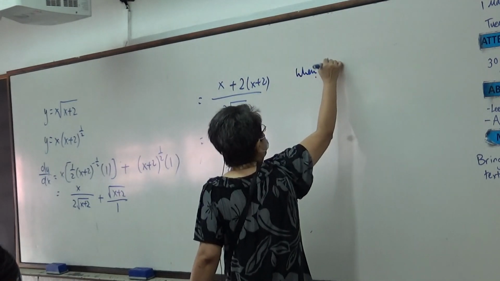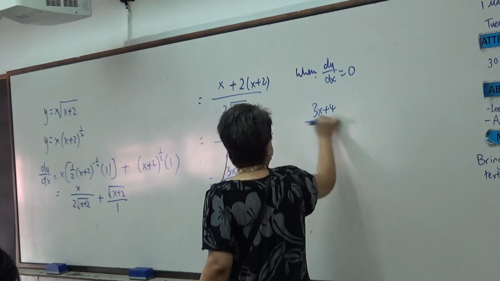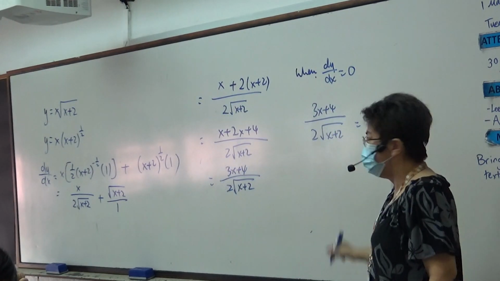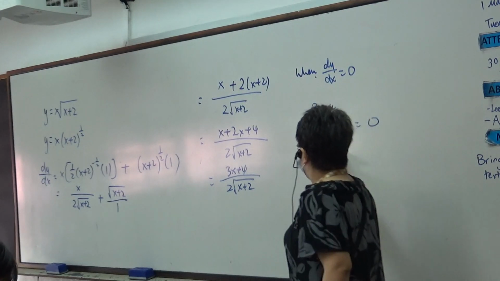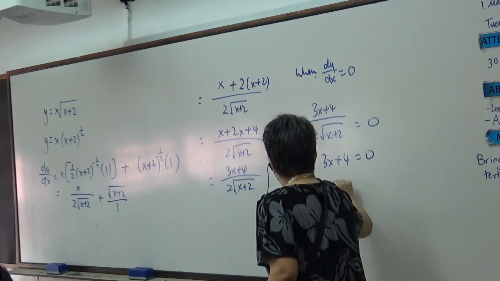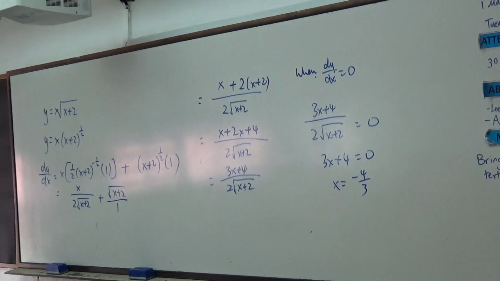When dy dx is 0, I will have this, right? Correct. This one, I cross multiply, I will get this, right? So x will be negative 4 over 3, right? Correct.